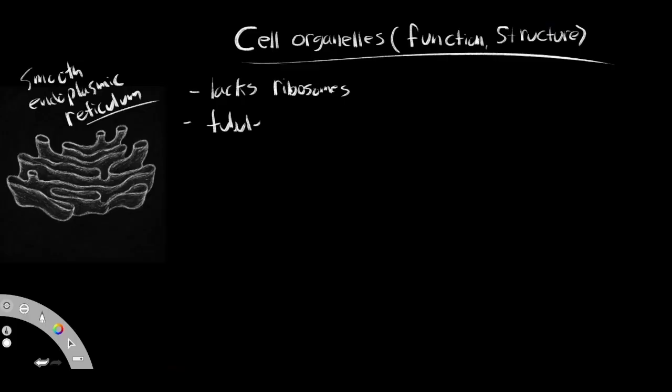It's a network of tubes or tubules that run throughout the cell. Now, what is its function? It just makes fats. This one too is found in both plant and animal cells.